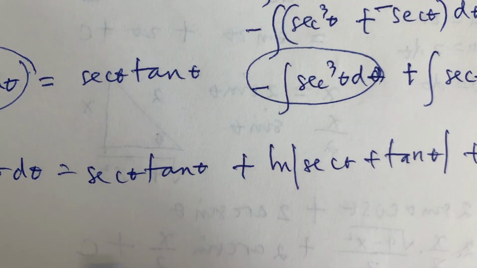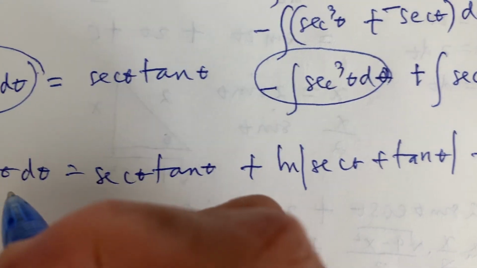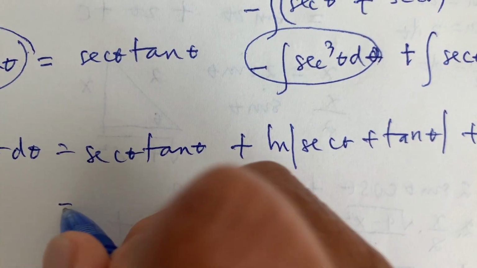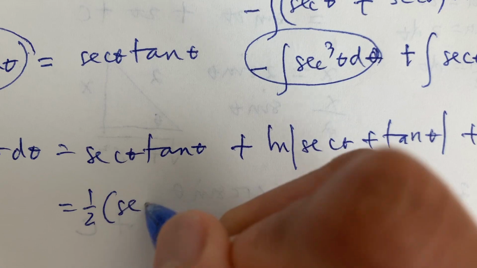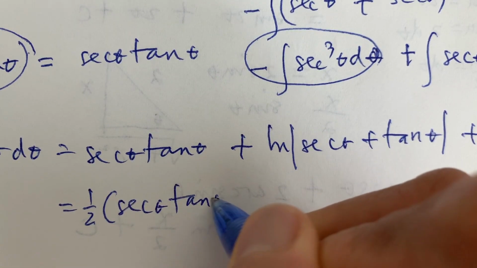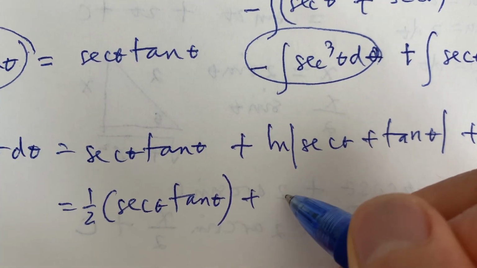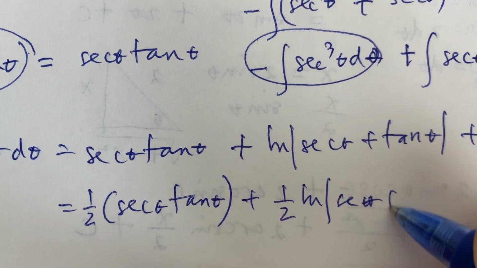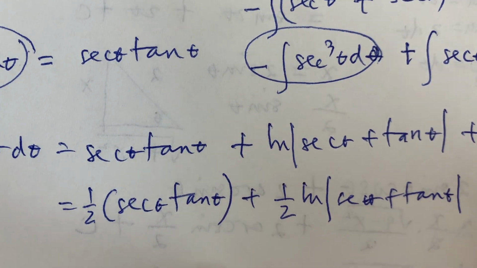So the integral of secant cubed theta d theta is equal to 1/2 of secant theta tangent theta plus 1/2 of ln of secant theta plus tangent theta plus c.